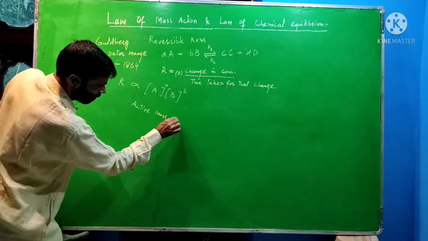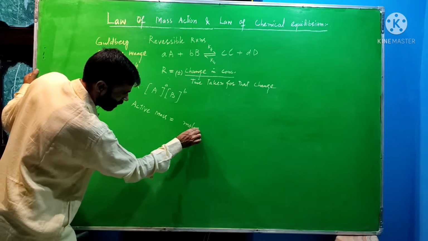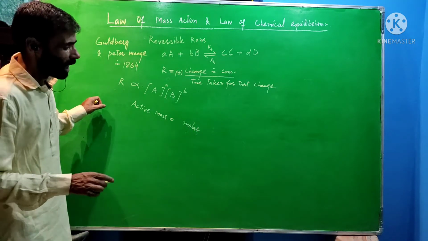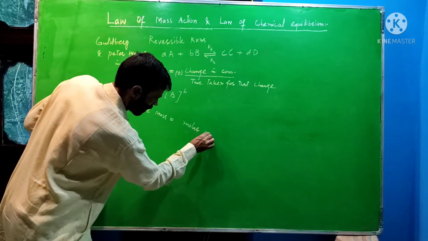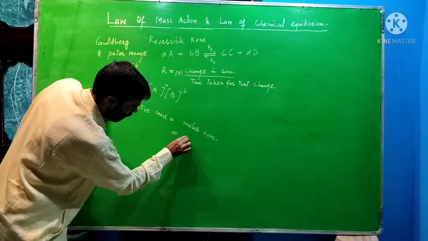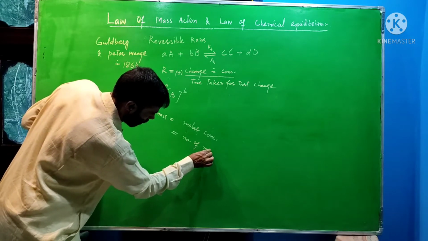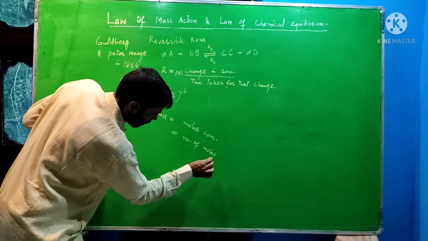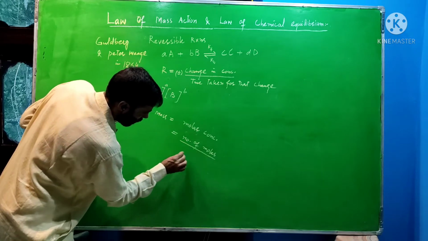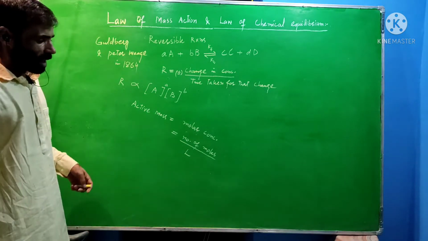Active mass simply means molar concentration, concentration kept in terms of molarity. We know that molar concentration means the number of moles of the substance dissolved per liter of the solution or per liter of the mixture.